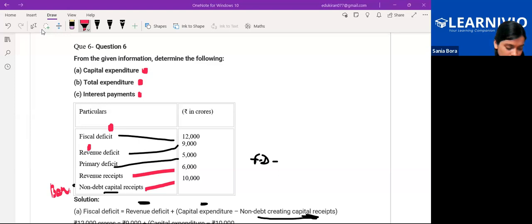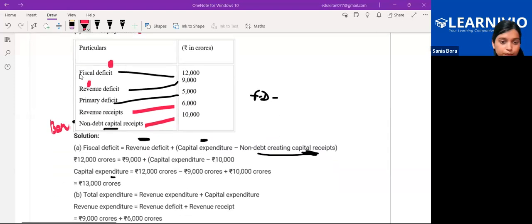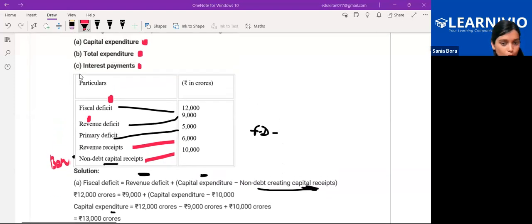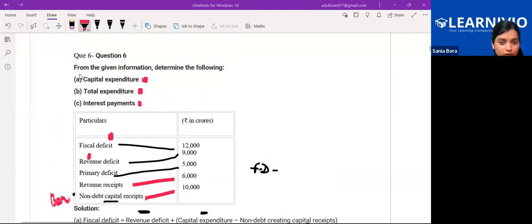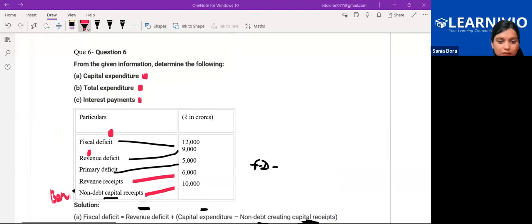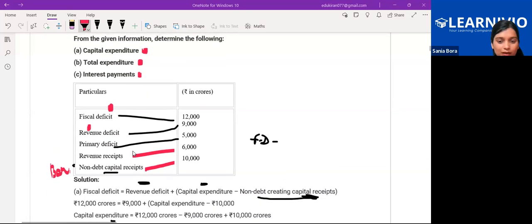So CE minus 10,000. So first it minus 2,000, 11,000. No, 13. How do you bring it here and there? Fiscal deficit is already given. You have to find capital expenditure from here. Yes, I am finding capital expenditure. But how did you get capital expenditure?